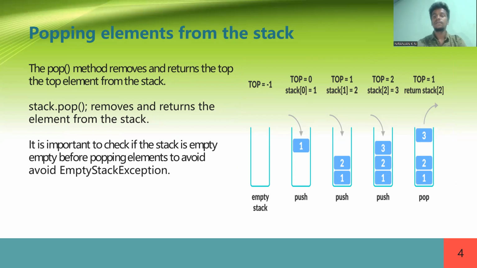If again a third element is pushed into the stack, then the top will be 2 and the stack size will be 3. To pop the element in LIFO manner, the top element, which is the third element, will be removed, and it returns to the stack with the second element on top.